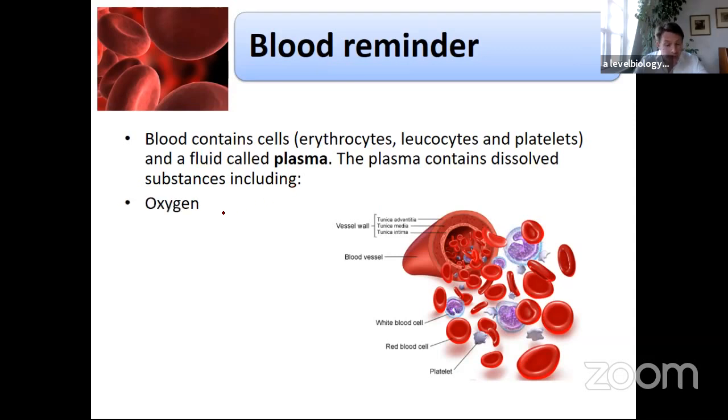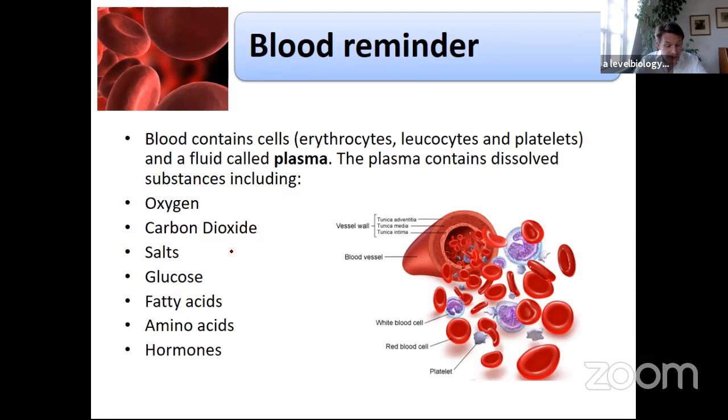So the plasma dissolves a bit of oxygen, a little bit of carbon dioxide, salts, glucose from digestion, fatty acids, amino acids from digestion, hormones, and big plasma proteins, which lower the osmotic pressure of the blood, which is important for tissue fluid formation, which I think we've talked about before.